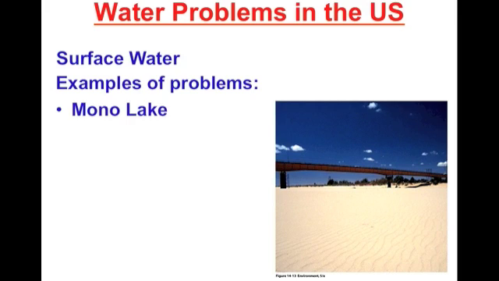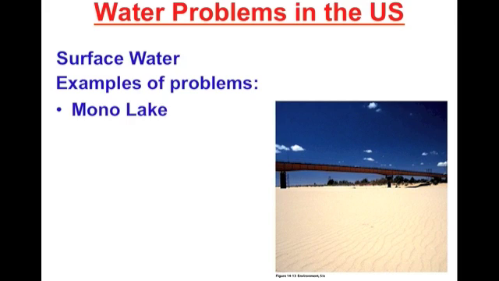However, as people started drawing water from the lake, specifically the city of Los Angeles started drawing massive amounts of water from the lake, the lake started losing water, because with the additional output of providing the city with water, the total amount of water went down.